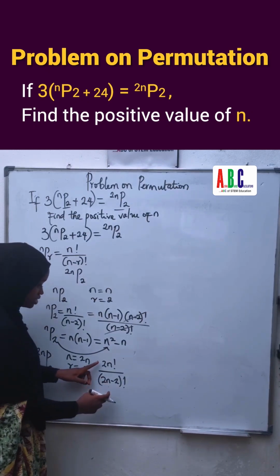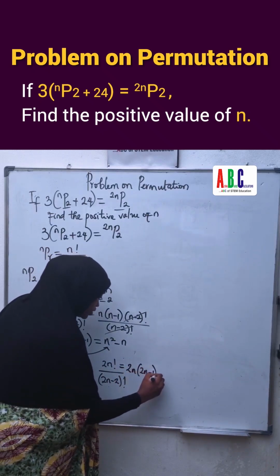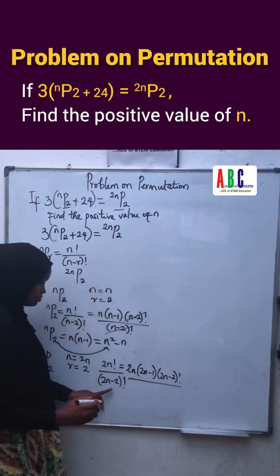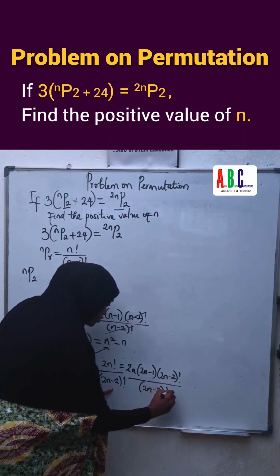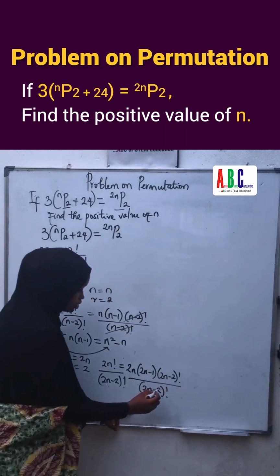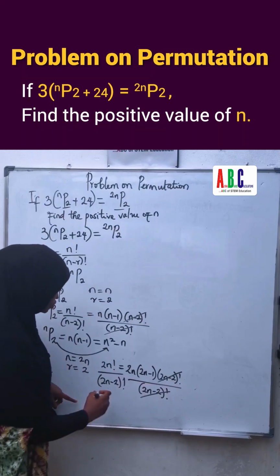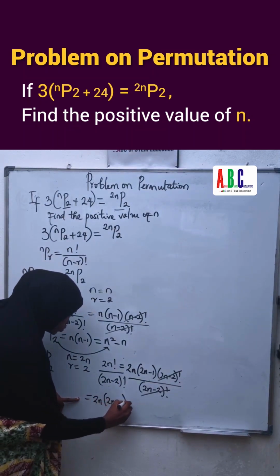Let's simplify this. 2n factorial means 2n(2n minus 1)(2n minus 2) factorial, all divided by (2n minus 2) factorial. So (2n minus 2) factorial cancels out. What we are left with is 2n(2n minus 1).